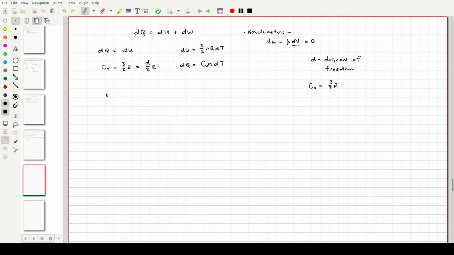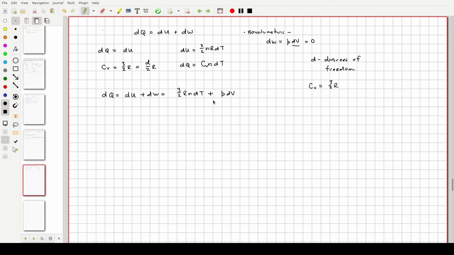Well, in a situation like that, when you write out your first law of thermodynamics, which looks like dU plus dW, which looks like 3/2 nR dT plus P times dV.